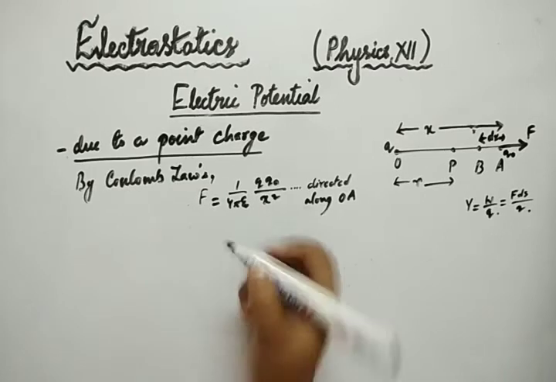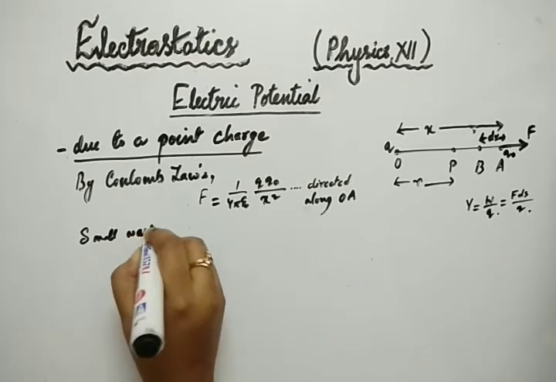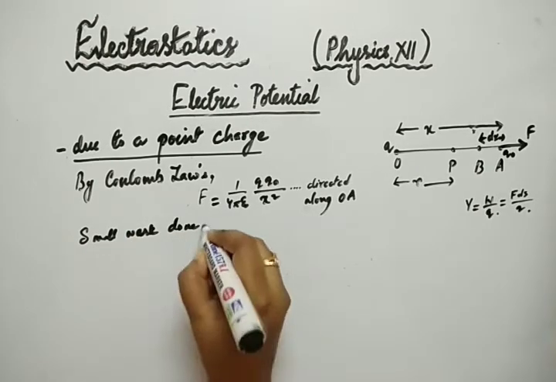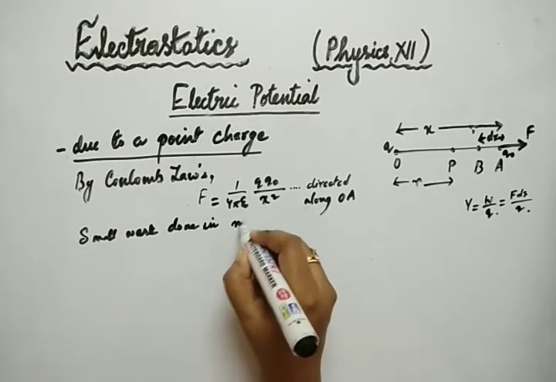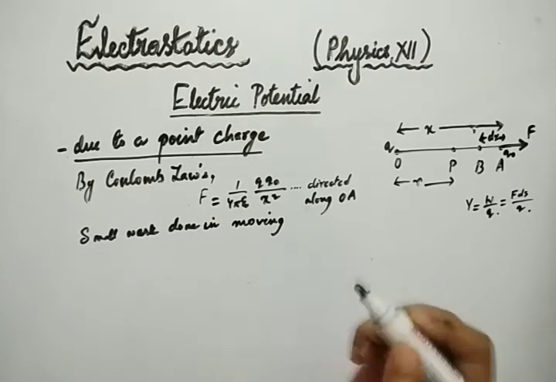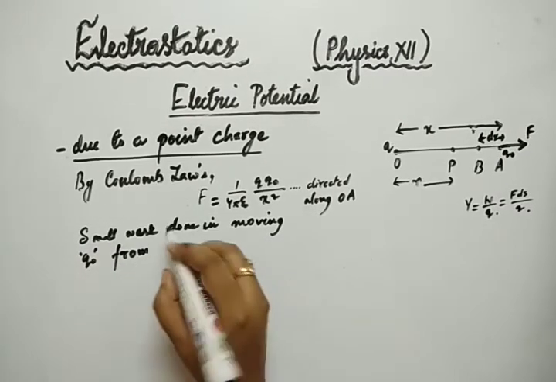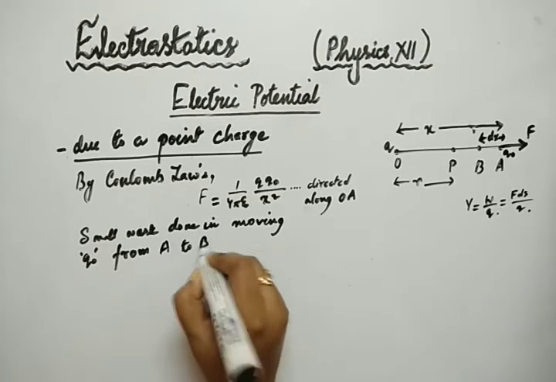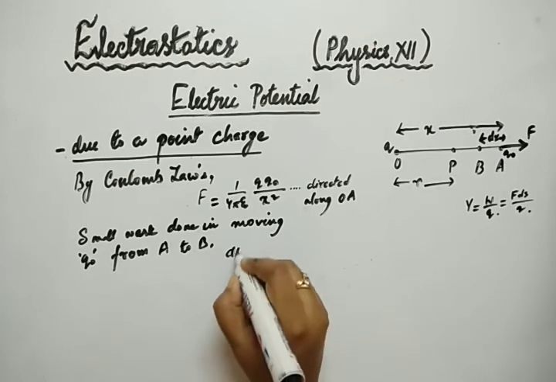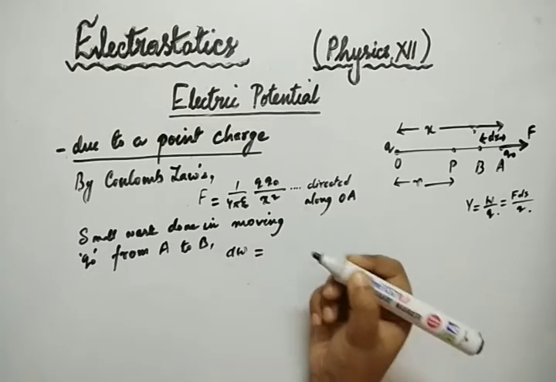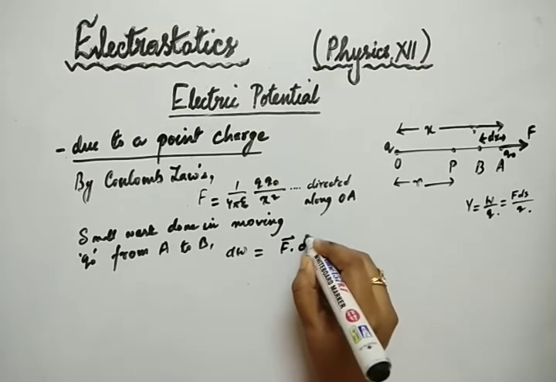Now the small work done in moving q naught from A to B will be dW equals F dot dx.